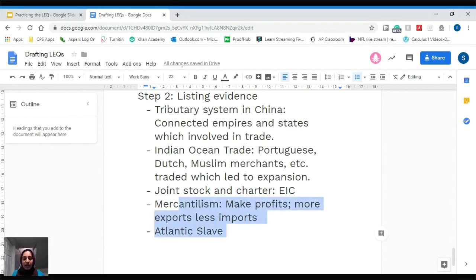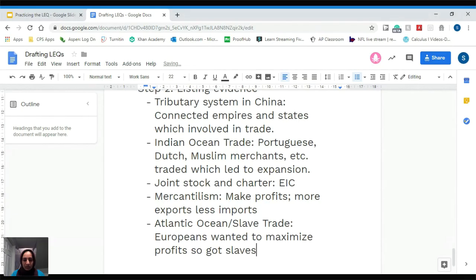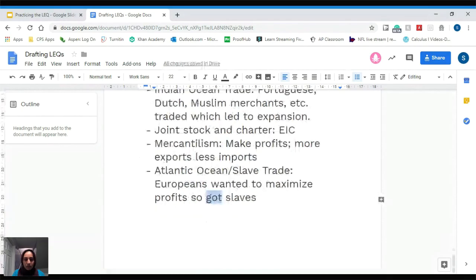So these all tie in, so we could talk about the Atlantic Ocean plus slave trade. Europeans wanted to maximize profits, so got slaves, took slaves to the Americas.